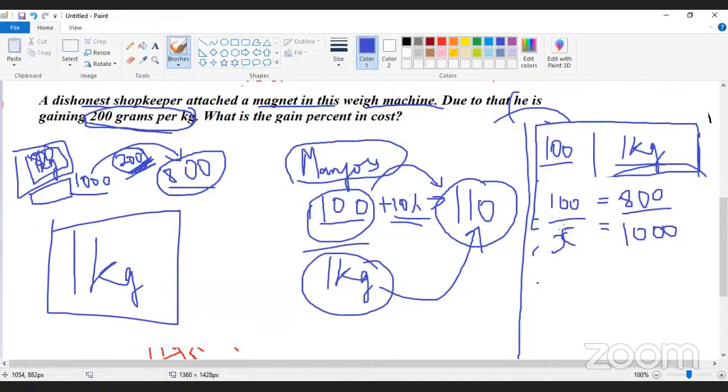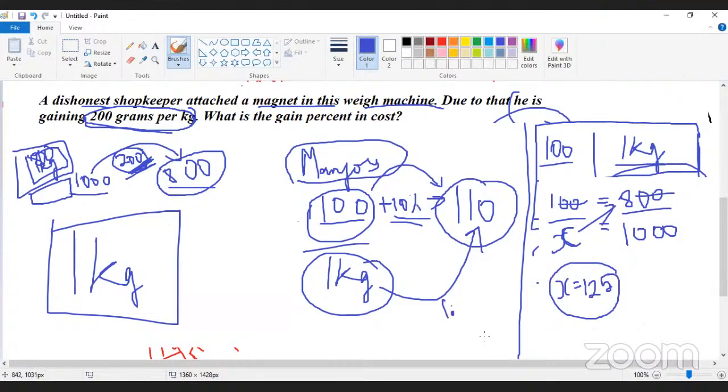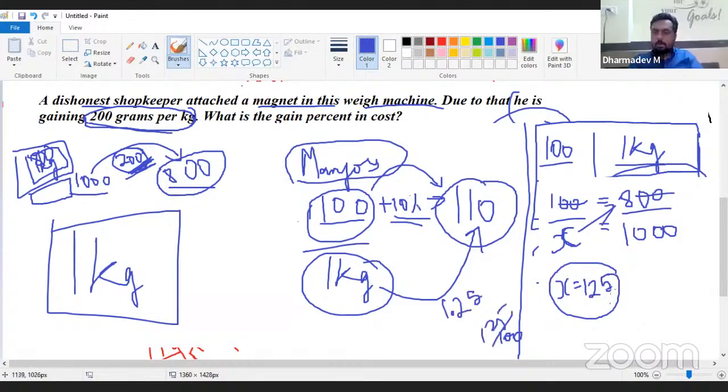So I have to cross multiply. So 1000 divided by 8 is 125. Compared with 100, it is 25 more. Are you understanding how to cross multiply? Yes. 25 by 100, so that is 25% profit. So this is the question you have had.